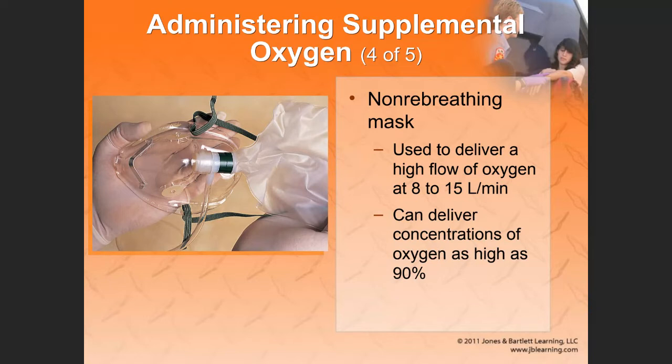If you're starting below 10 liters with a non-rebreather, the reservoir bag, which you can see in this diagram, at 8 liters per minute will not fill properly and it might take longer to fill up. So you want to start at 10, 12, or 15. Nothing is wrong with starting at 10, but most of the protocols now say 12 liters per minute.